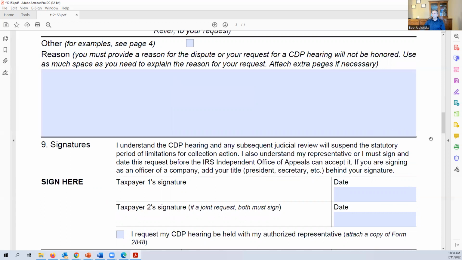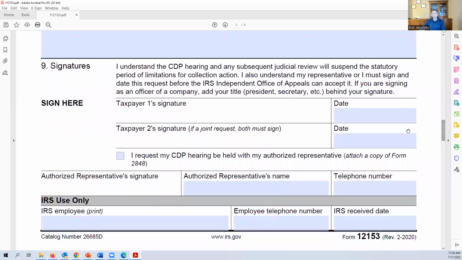After that, you're going to sign it and date it, both of you, if both of you are on there. And let's say you do have an authorized representative, you're going to want that checked with the representative's name. The reality is that if they're helping you, they would have helped you complete this form. You most likely will just be signing and dating.